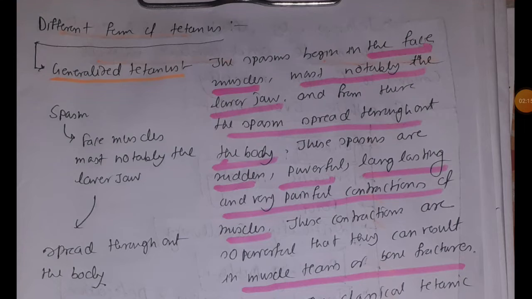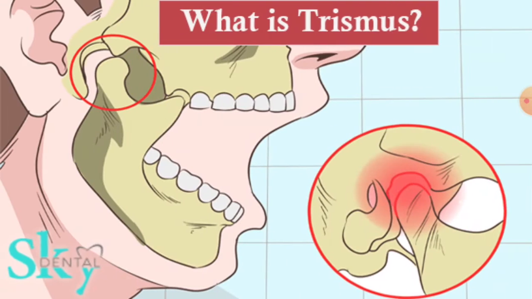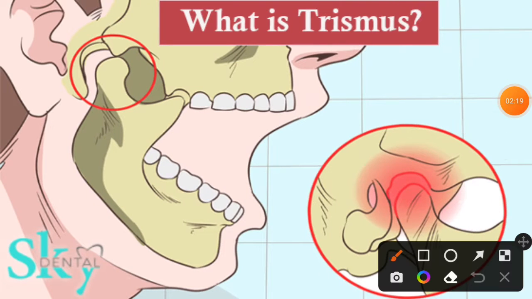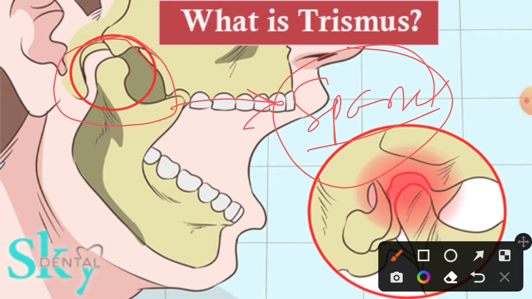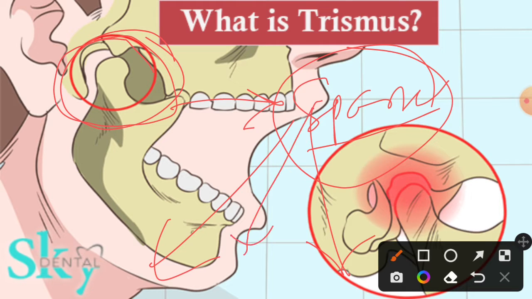So this is the lower jaw of the facial muscles that causes spasm, and from that part spasm spreads through the rest of our body and causes various complications that we are going to discuss today.